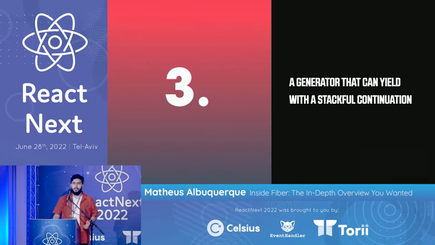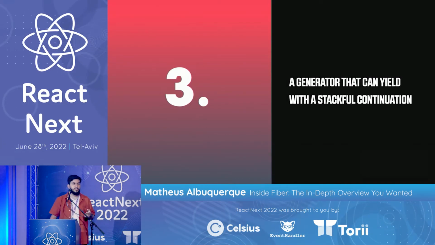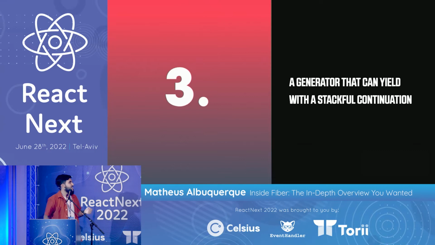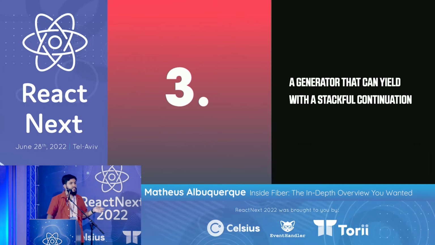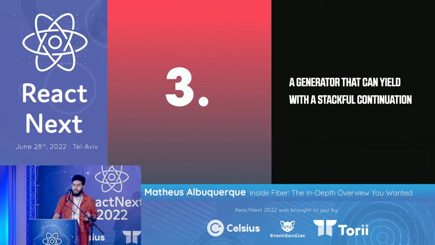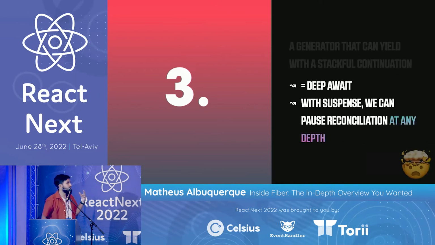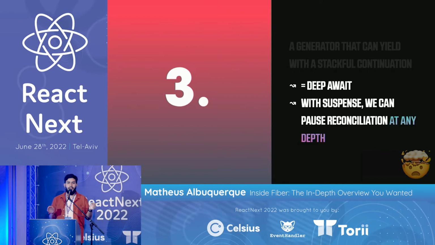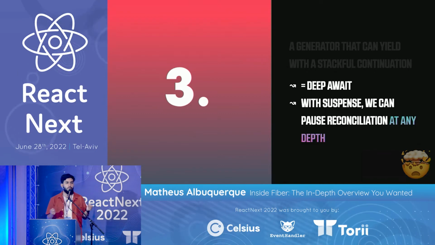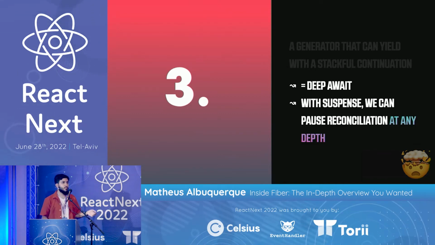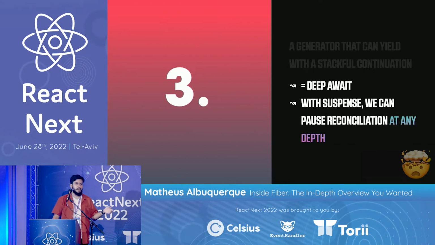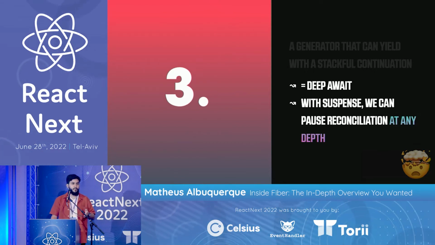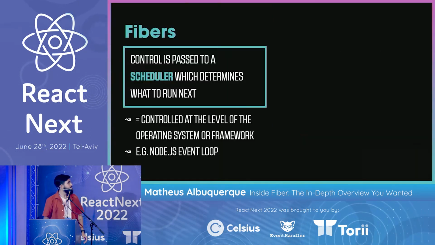The last one, but also really interesting, was this definition that it's a generator that can yield with a stackful continuation. And it sounds a lot complicated, but for now, let's think of it in terms as if we had deep await in the language, or what we have with suspense, where we can pause the rendering at any depth of our component tree.